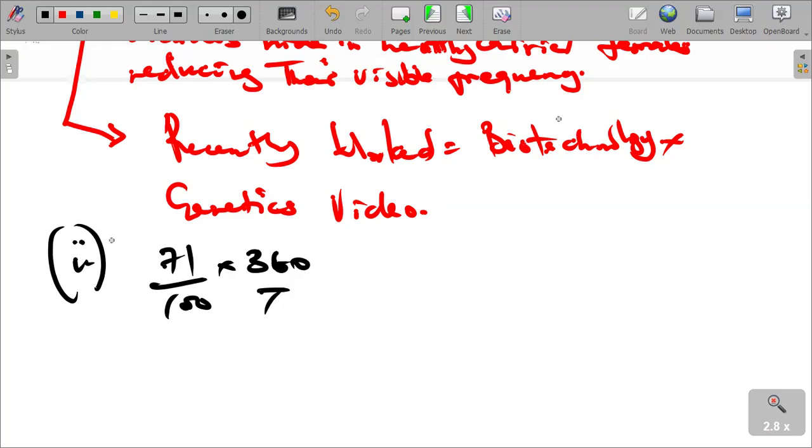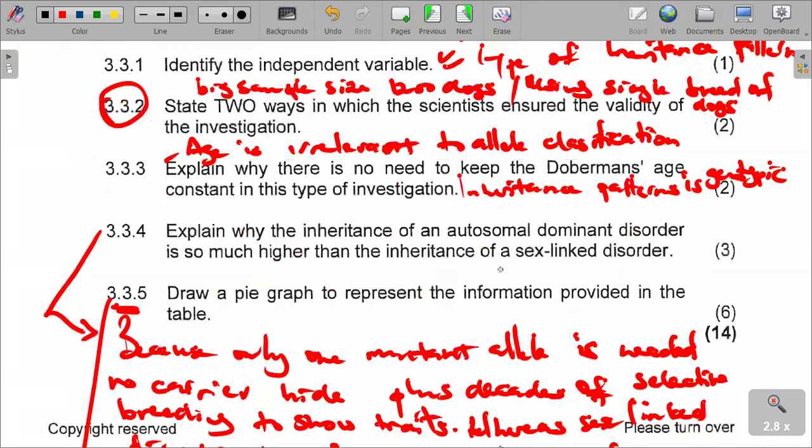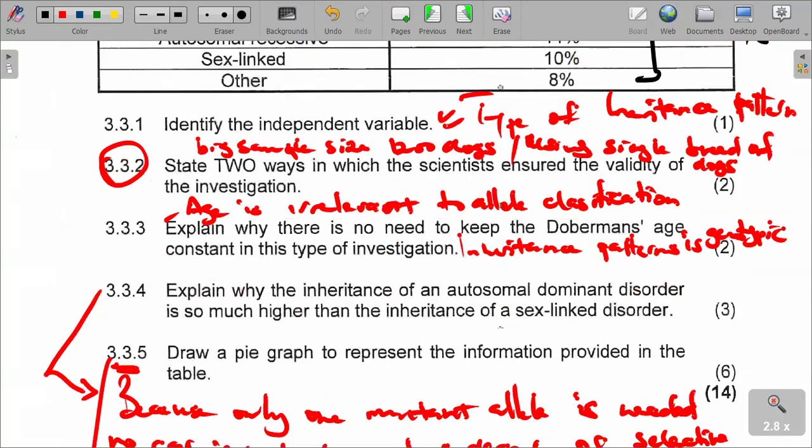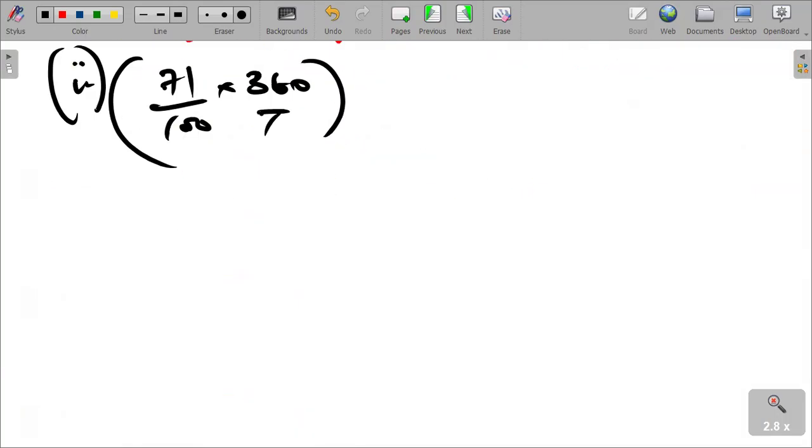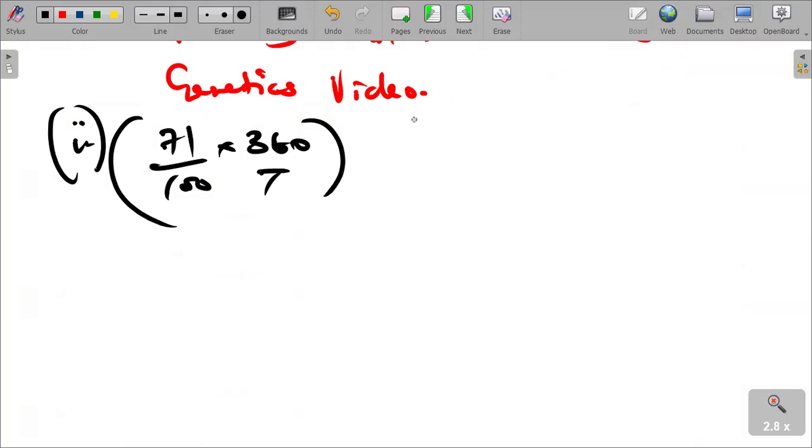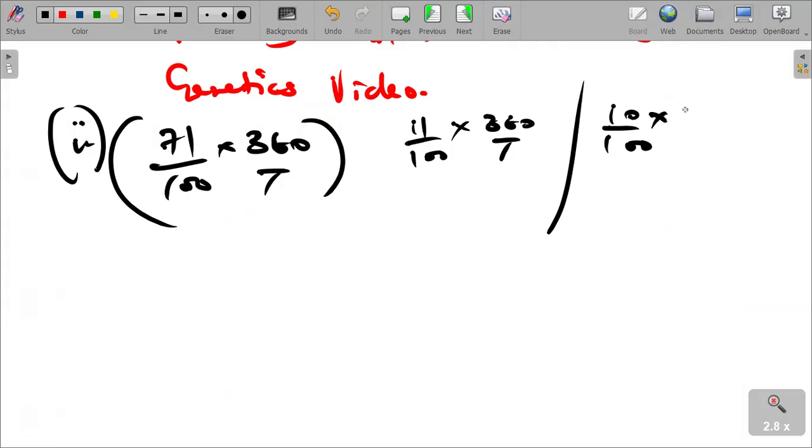You multiply each of them: 71 out of 100 times 360, 11 over 100 multiplied by 360, 10 over 100 multiplied by 360, 8 over 100 multiplied by 360.